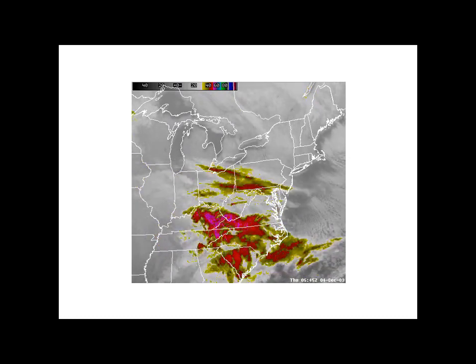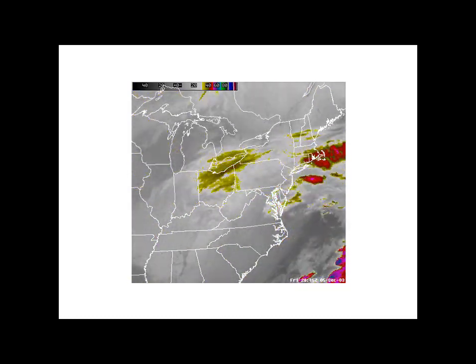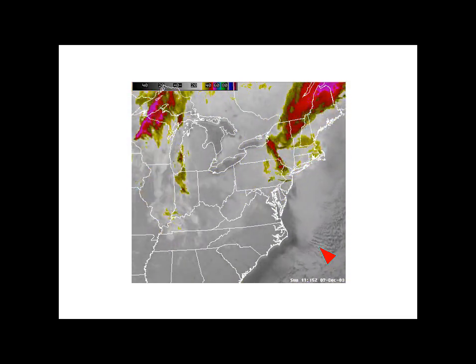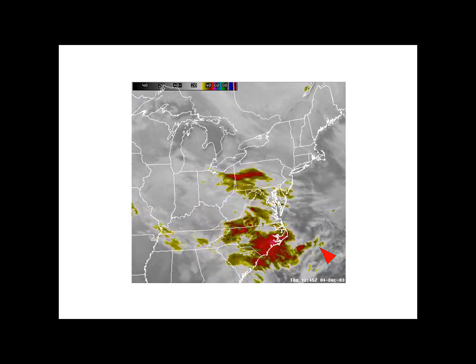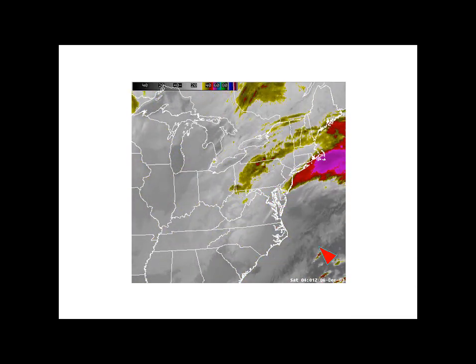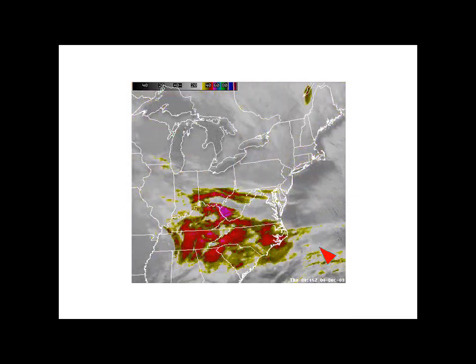Here's the IR loop pretty much in review, and remember the first thing we looked at was a qualitative assessment of the coastal frontogenesis, as we saw early the clouds indicating cold advection and then a transition to warm advection just east of that coastal front as that was developing.